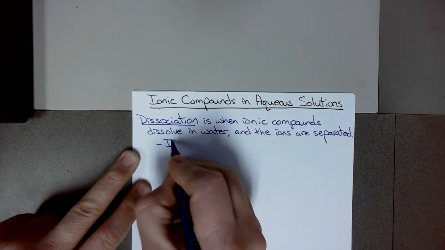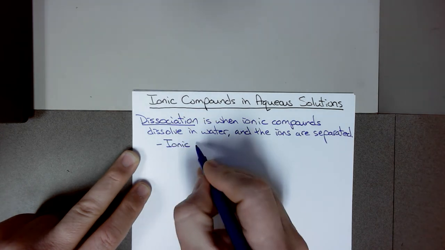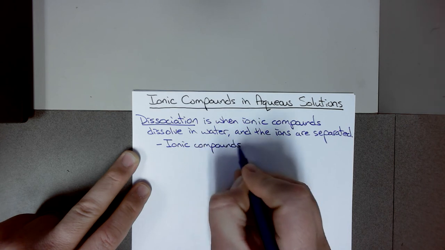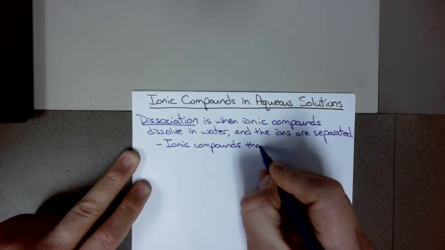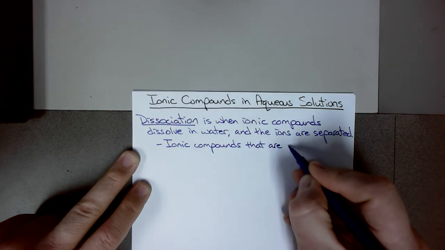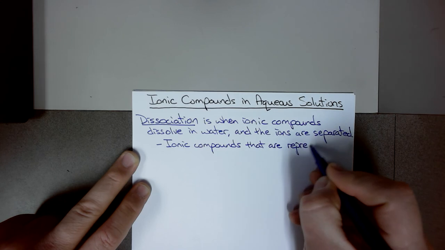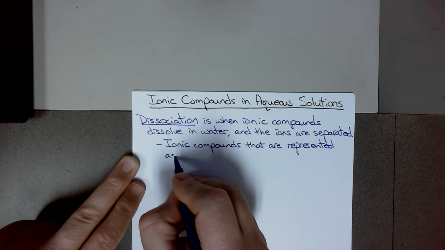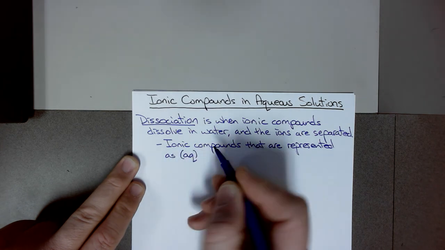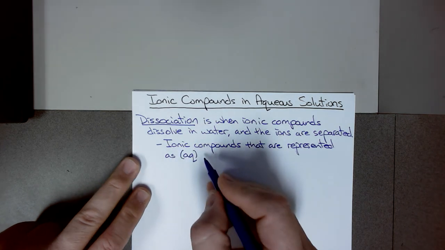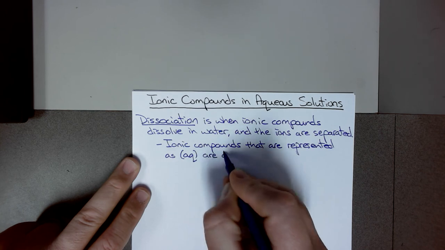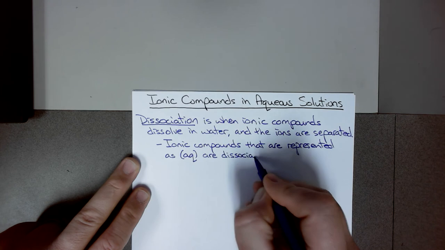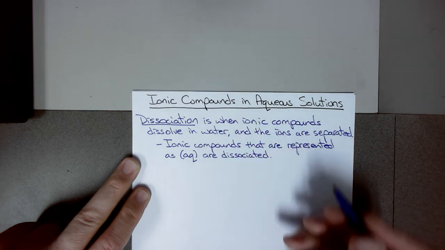So an ionic compound or ionic compounds that are represented as aqueous, or has this AQ with it, then you need to think immediately that they are dissociated. Okay, so whenever I see aqueous with an ionic compound, I think these ions are dissociated.